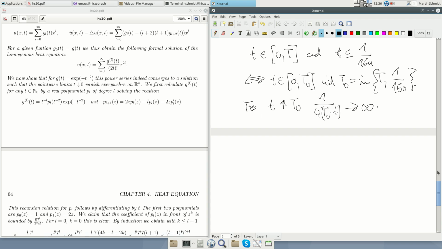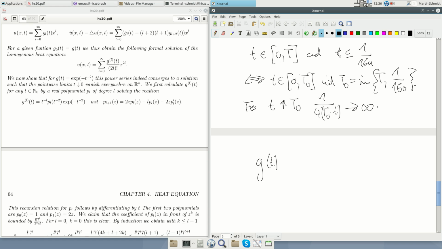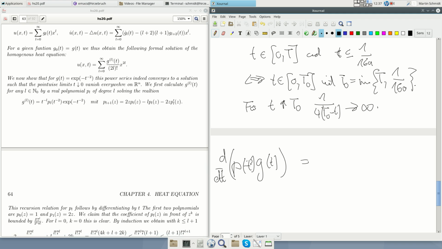So let's do the calculation. If we calculate g of t times some polynomial p of minus t squared, and then take the derivative of this, what we get on the one side is that g of t has this expression, so we get minus 2 times 2t, the inner derivative.